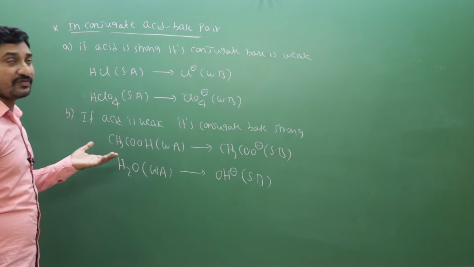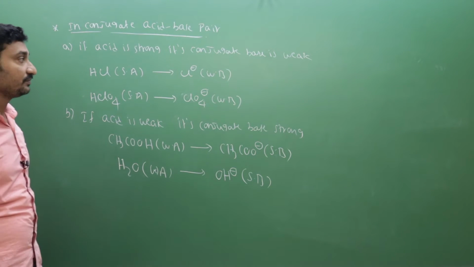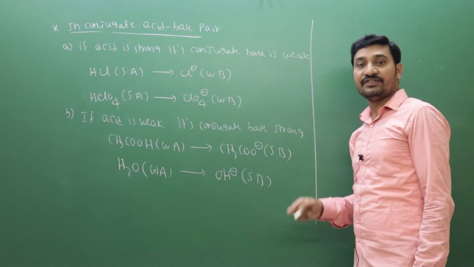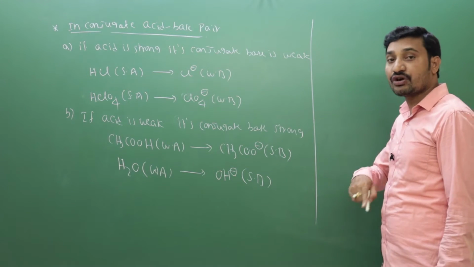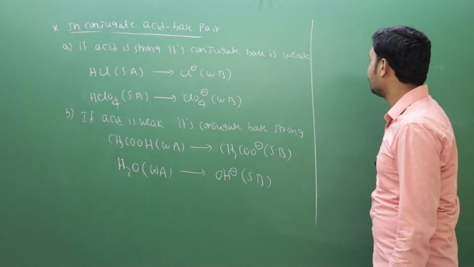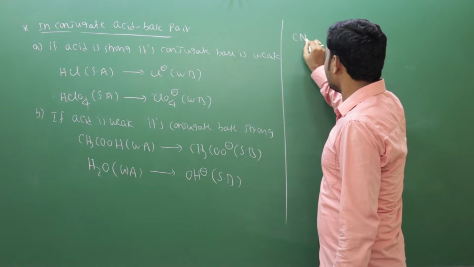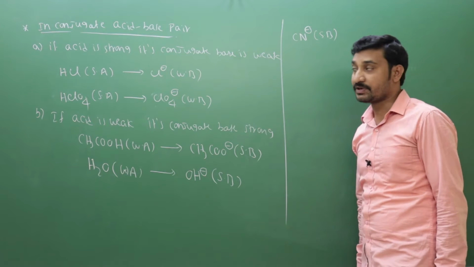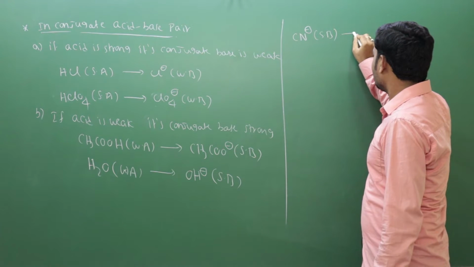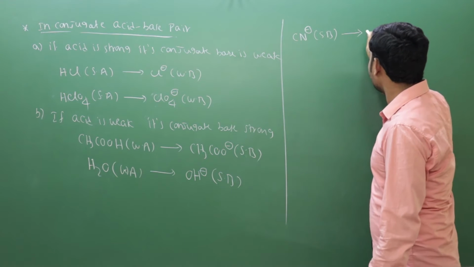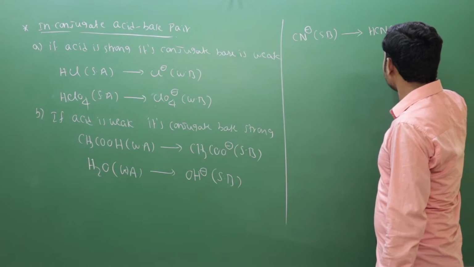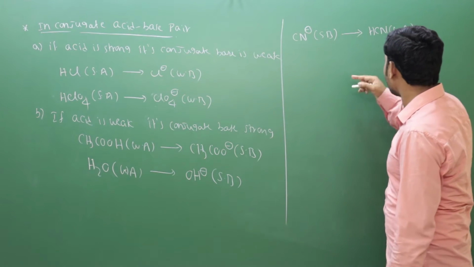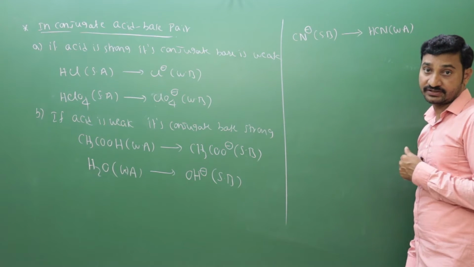In the same way, for bases it is reversed. A strong base has a weak conjugate acid, and a weak base has a strong conjugate acid. For example, CN minus, a strong base, its conjugate acid HCN, a weak acid.